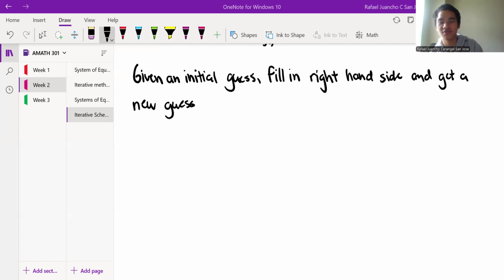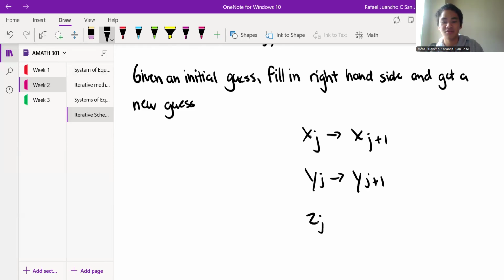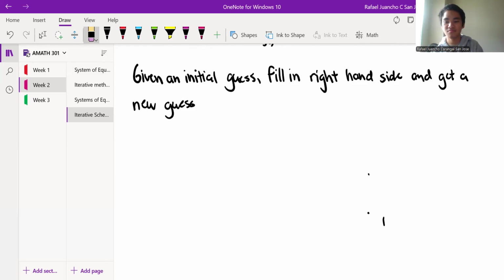So what's the idea? In general, if we fill in xj, we get xj plus 1, yj, we get yj plus 1, zj, we get zj plus 1, right? So that's the idea, until we finally get to a solution.